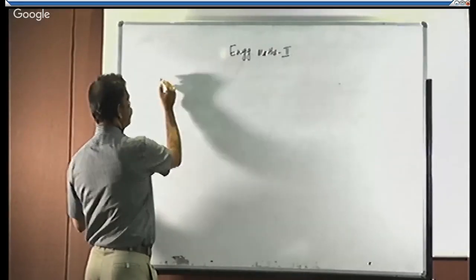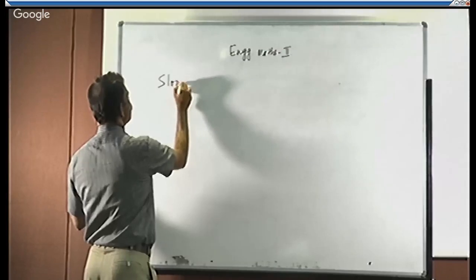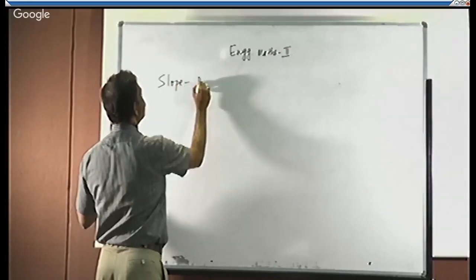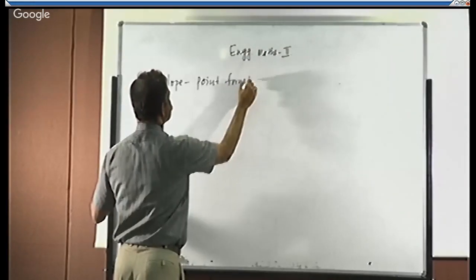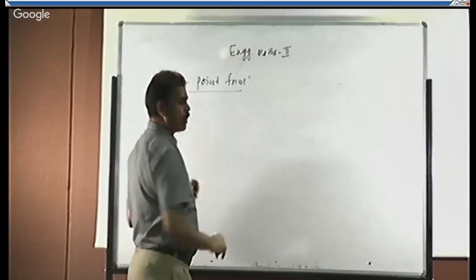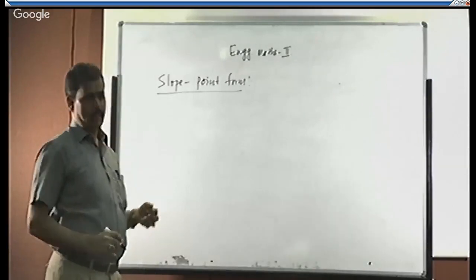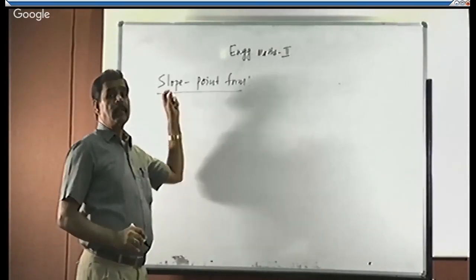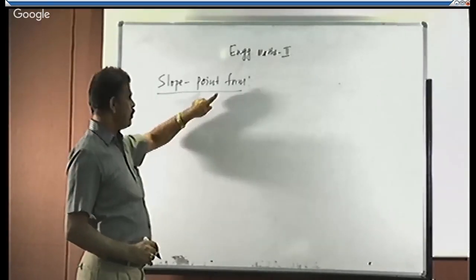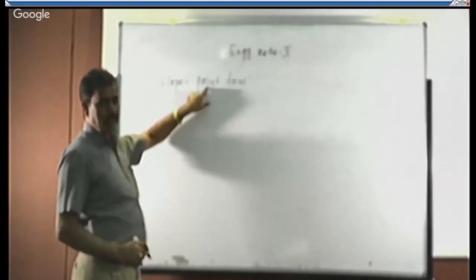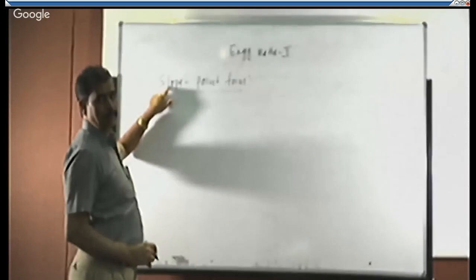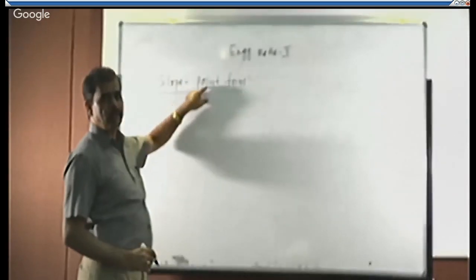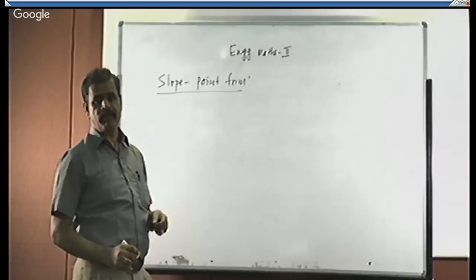That is called slope point form, or it can also be called one point form. The line having a passing point and having the slope. Using those two data, we can write the equation of a line.